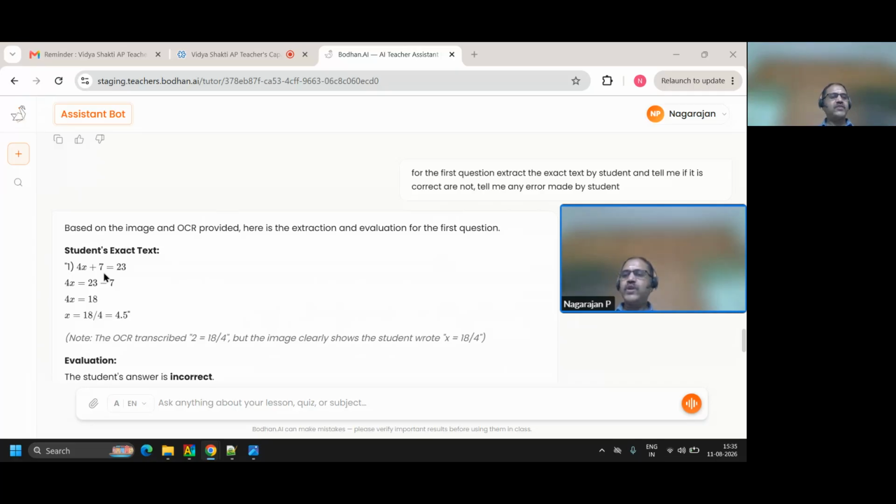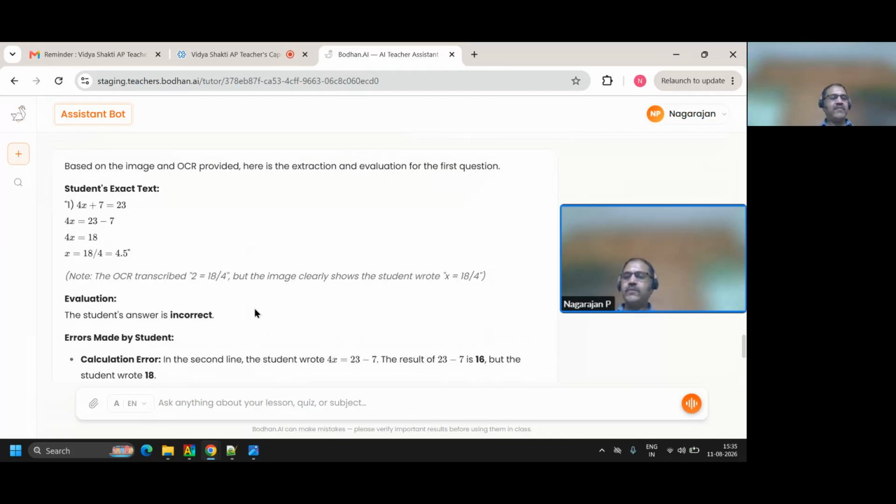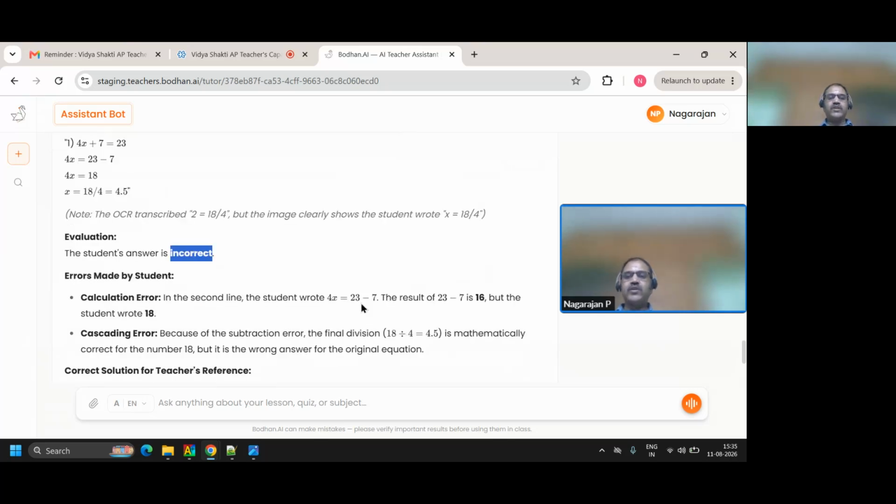Student's text: first step, second step, third step, fourth step. Now, evaluation. The AI engine says the student's answer is incorrect because 23 minus 7 is 16, but the student wrote 18.